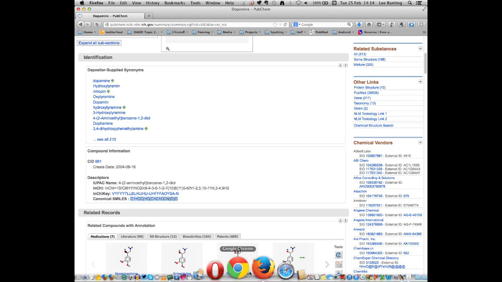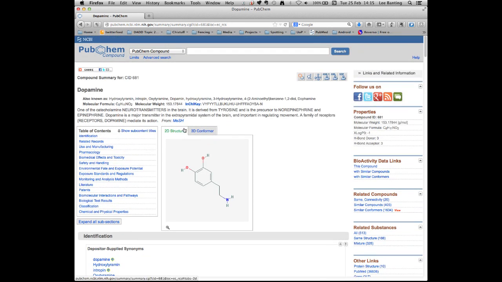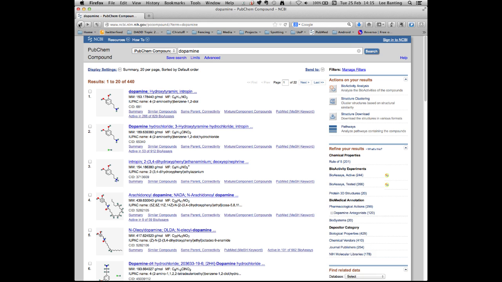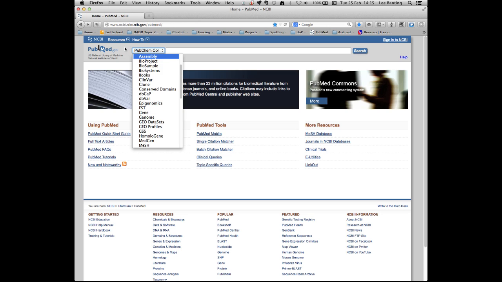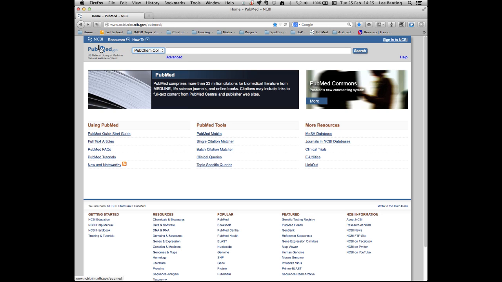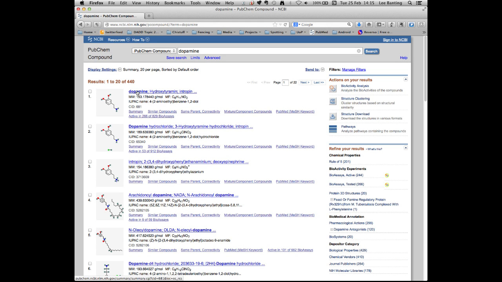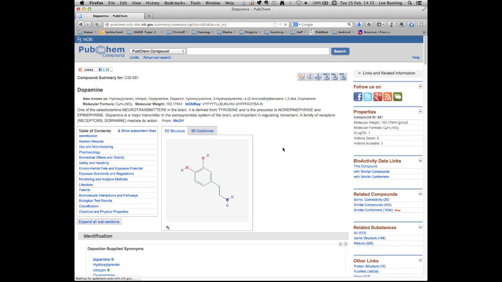So where we're going to go first is we're going to go to this site, and the way that I've got there is by going to PubChem compound, and what we're going to put in the search window is dopamine, which I used as an example in the lecture. And this is quite a nice little search engine, PubChem compound, because you can find information about most bioactive molecules here.